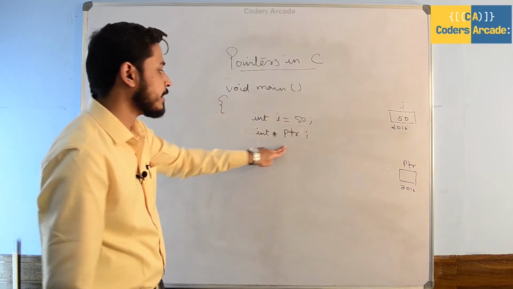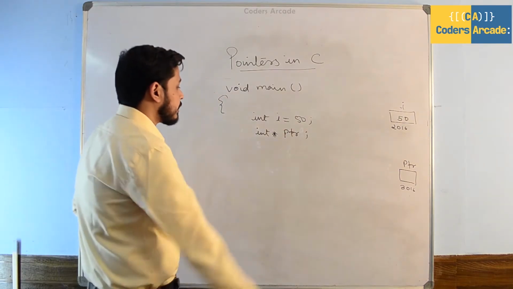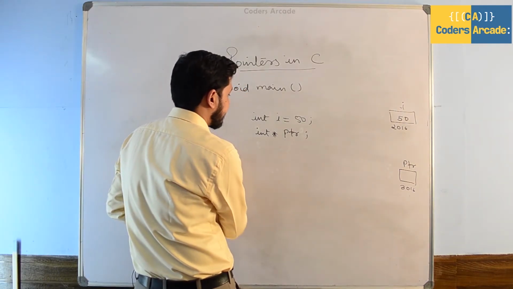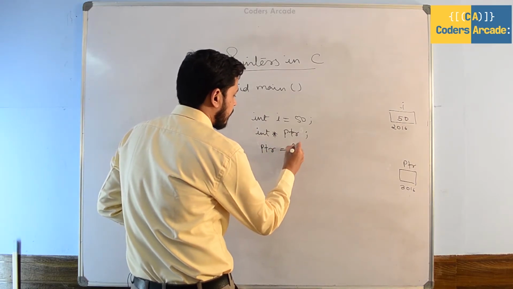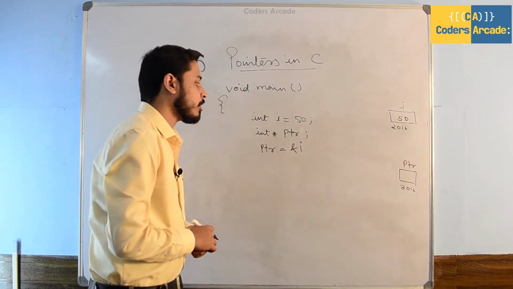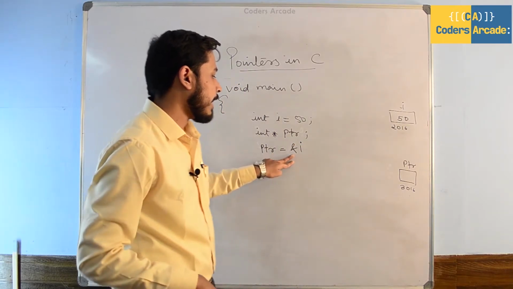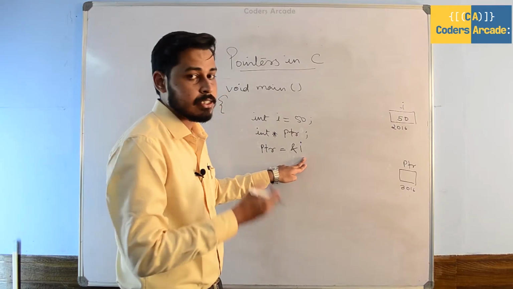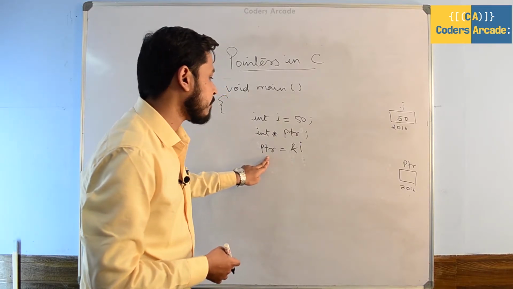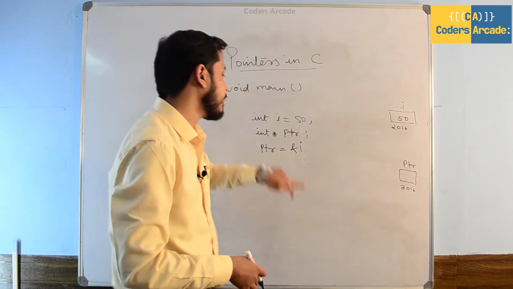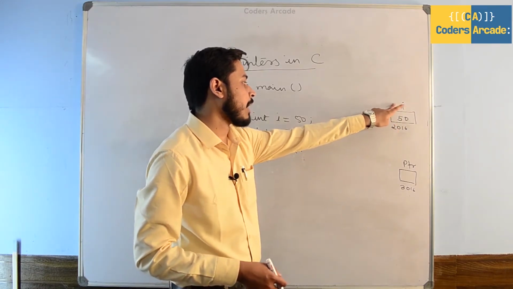Right now we don't have anything in this ptr, so let's put something into it. Let's say ptr equals ampersand of I, or I have written address of I. This is the address operator and I'm using I in this case. So the value of ptr will be the address of this I. Why?